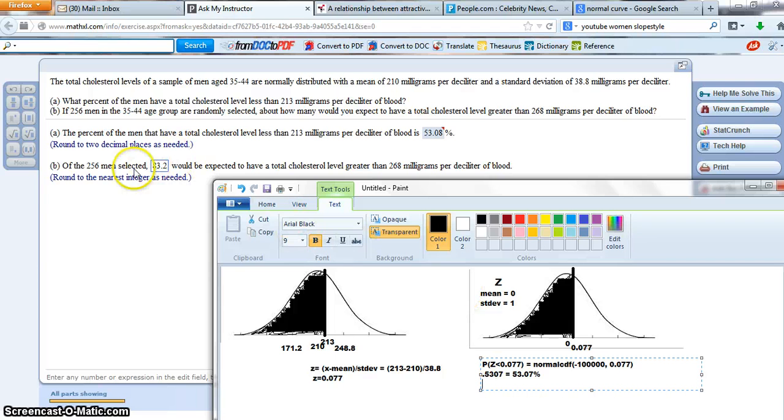Then to figure out, of the 256 men selected, how many we would expect to have a total cholesterol level greater than 268 milligrams per deciliter of blood, I would need to figure out the proportion of them that I expect to be greater than 268 milligrams per deciliter of blood. So to do that, let me get rid of what I've got here.